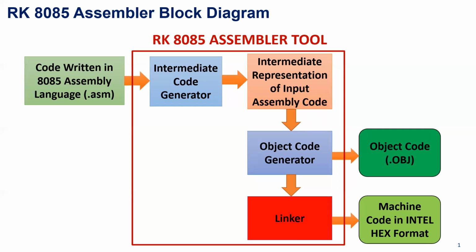This script contains, I think, a total of 1,400 lines of Python code. It includes all three major parts: the intermediate code generator, object code generator, and linker. These three things are the main parts of my developed RK8085 assembler parser tool.